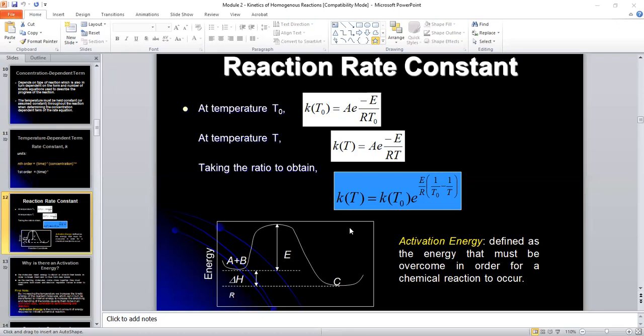How did it come about? For the first equation, miss, we transfer the t sub 0 to the other side. And then we plug in AE negative E over R, miss, in the second equation.